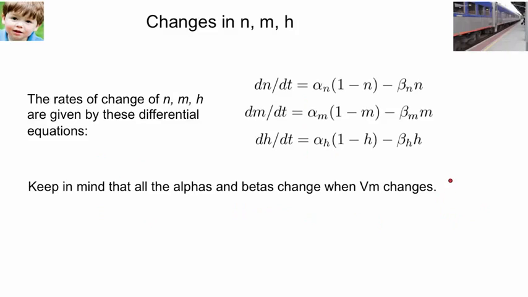And that is, what is the long-term equilibrium value of n or m or h if the voltage does not change? So if Vm is constant, then n goes to alpha n over alpha n plus beta n.